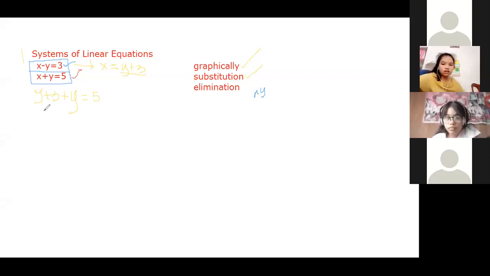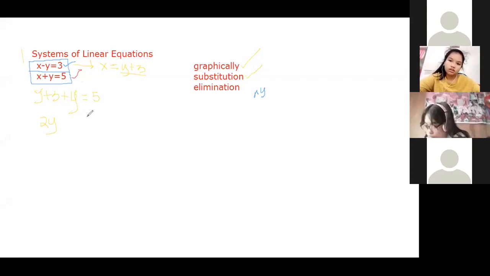Combine like terms. Ayan, that's it. Combine like terms. So, y plus y is 2y. Isang y plus isang y is dalawang y. Alright? And then, equal to 5. Sulat nyo lang nga, equal to 5.